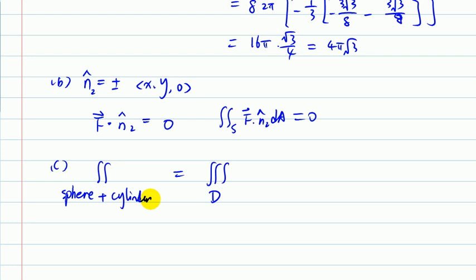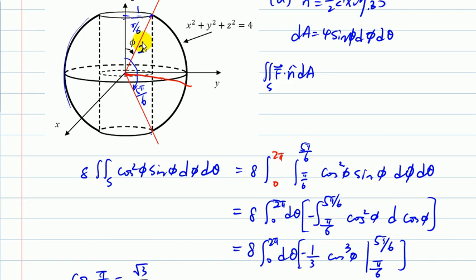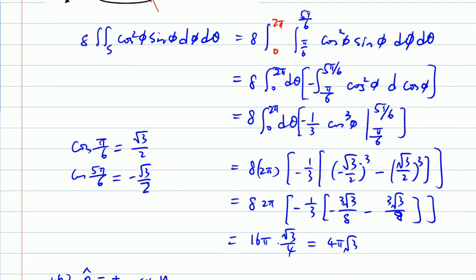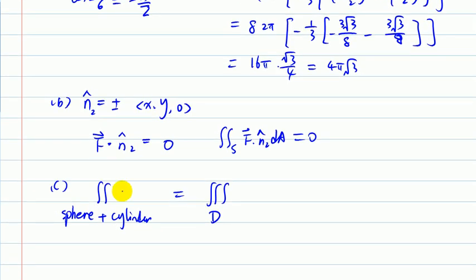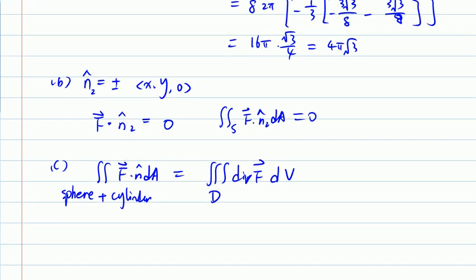As you can see here, the solid region is enclosed by this sphere and this cylindrical surface. The surface integral is F dot n hat dA, and we can transform this using the divergence theorem into div F dV.